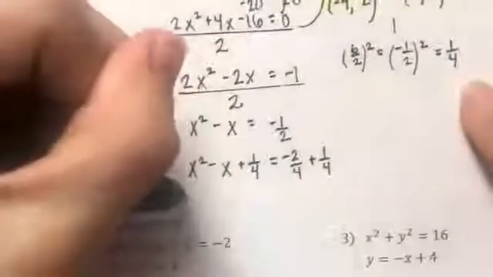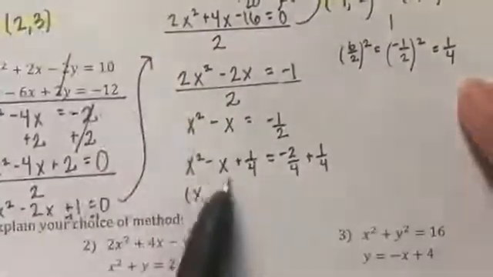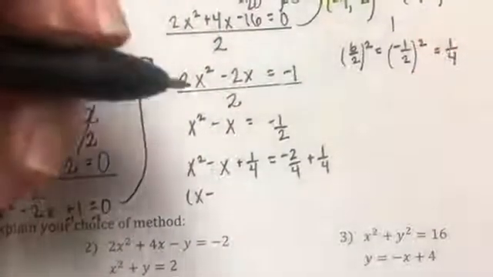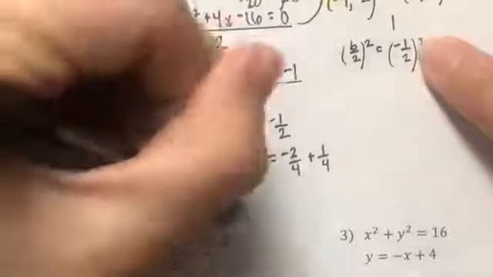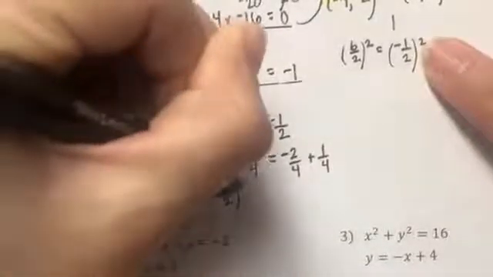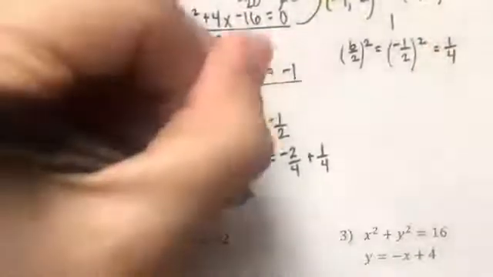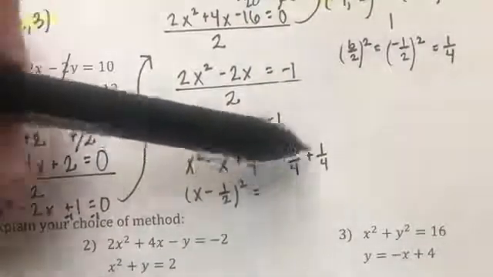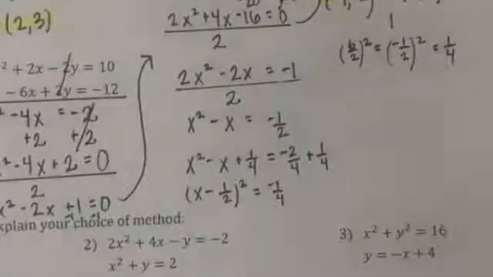And then I know that this can factor easily because I just completed the square. It factors into x, and because this is a minus, it'll be x minus b over 2. B over 2 was negative 1/2, so the minus comes from there also. So x minus 1/2 squared equals negative 2 over 4 plus 1 over 4. You just add the numerators, so this is negative 1/4.